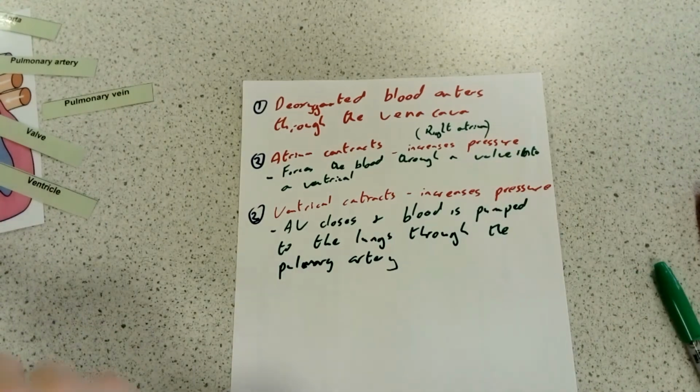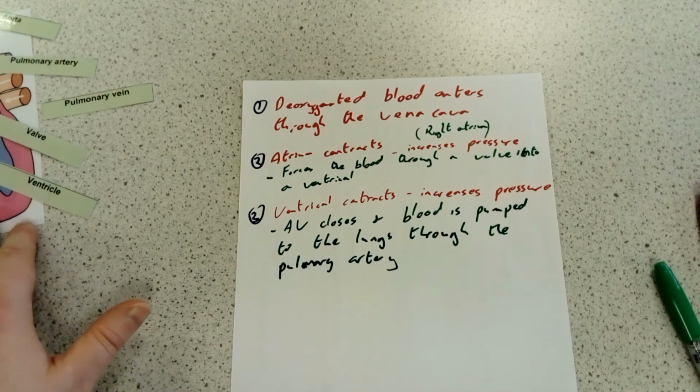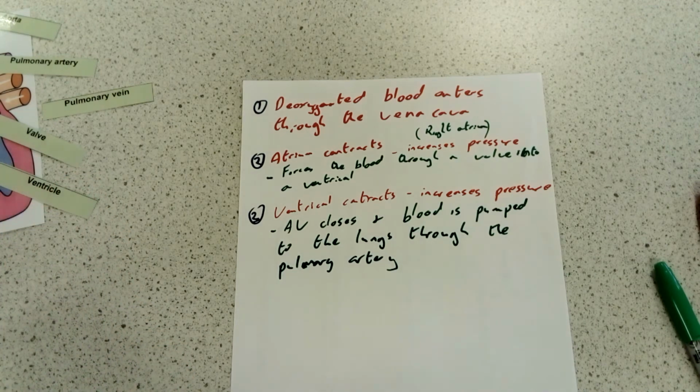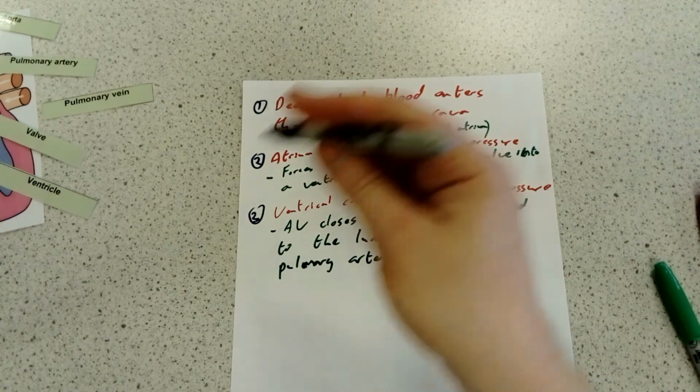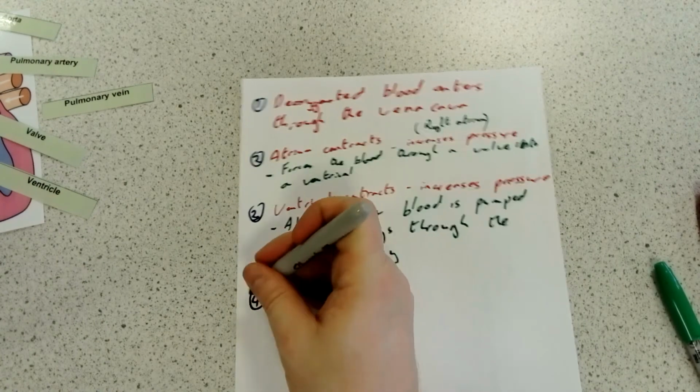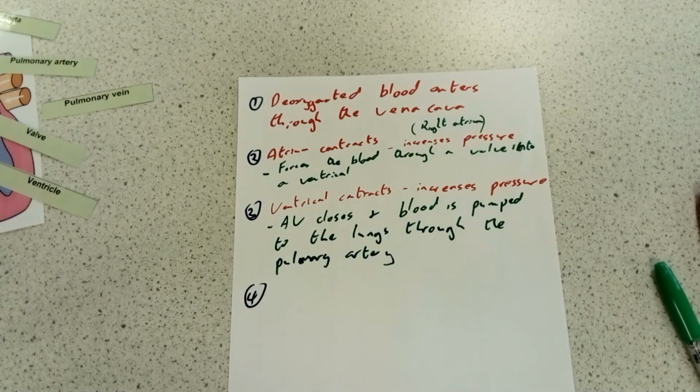Technically there's another valve between that ventricle and the pulmonary artery to help stop backflow. But the blood is now being pumped up through that pulmonary artery up to the lungs.